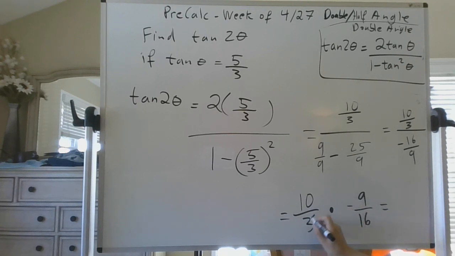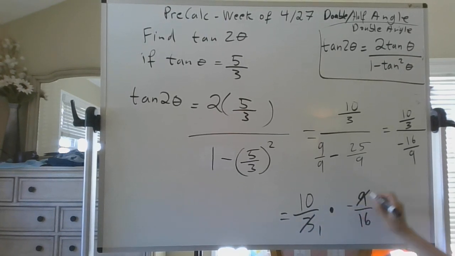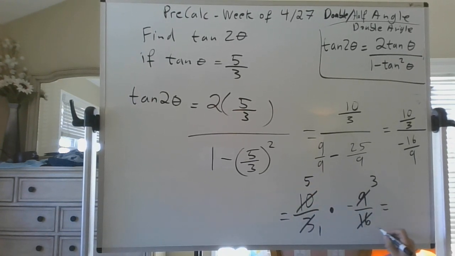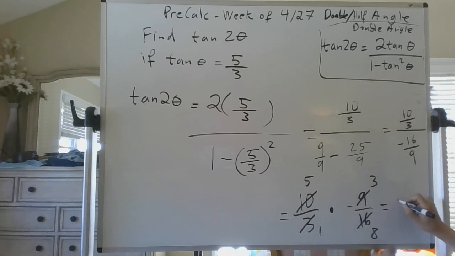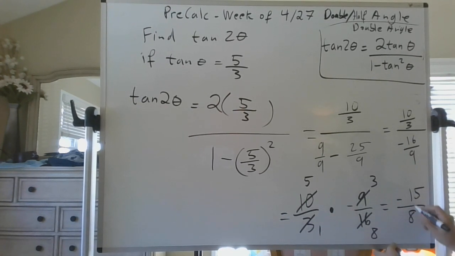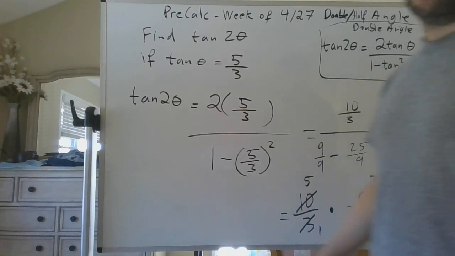That's going to divide by 3. That's going to divide by 3. That's going to divide by 2 to be 5. That's going to divide by 2 to be an 8. Let's simplify that. And now I'm going to multiply. Don't forget there's a negative here. So it's negative 15 all over 8. And that's our final answer. We just used the formula, plugged it in, and then just did algebra.